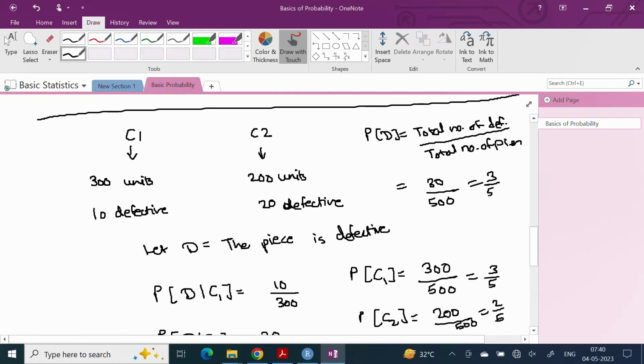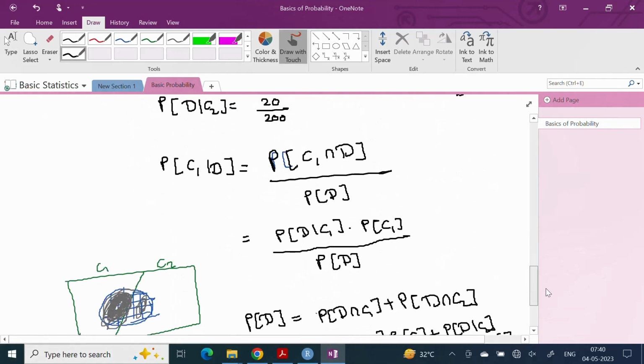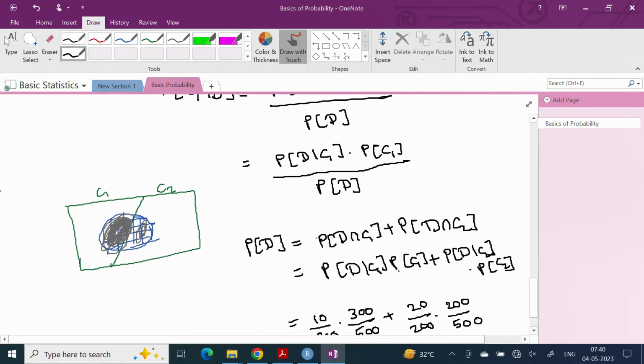So I will exactly get the same number, 3 by 50. By the way, this part where we broke down the probability of defective into defective intersected with C1 and defective intersected with C2 is known as the law of total probability.